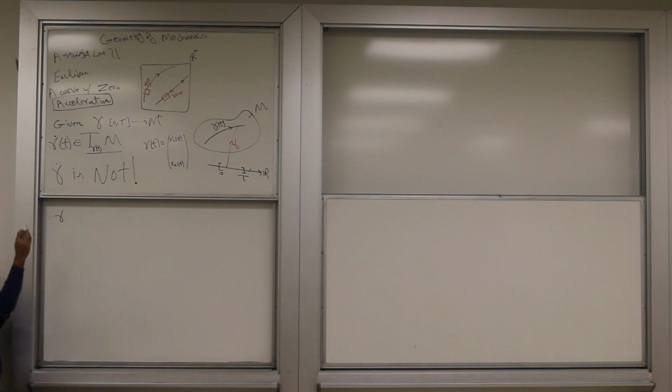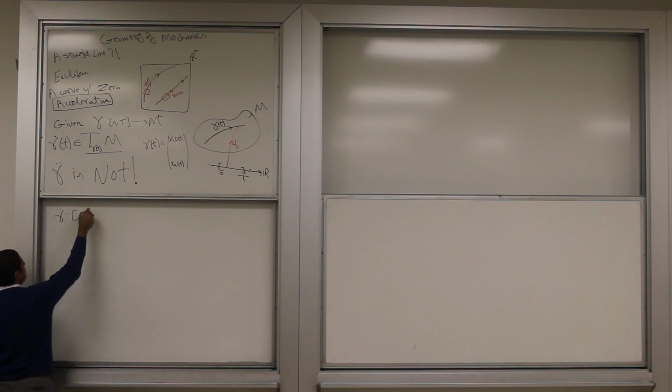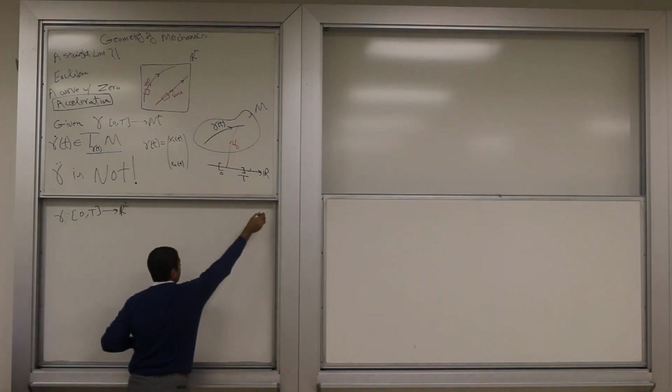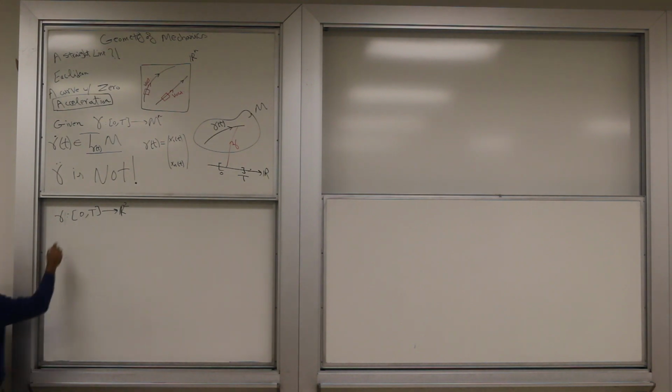And not even on a curved space, in our R2, gamma maps 0 to some t to R2, two-dimensional space, okay? The curve is defined by, well, what coordinates you want to use for R2, any coordinates, maybe x and y.